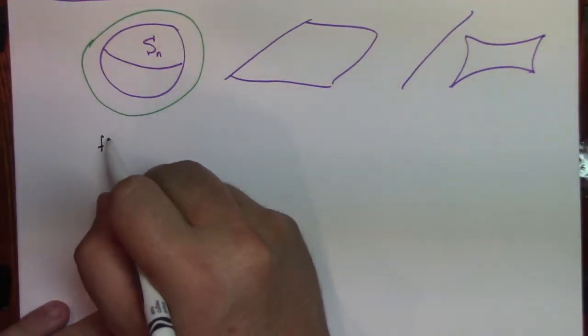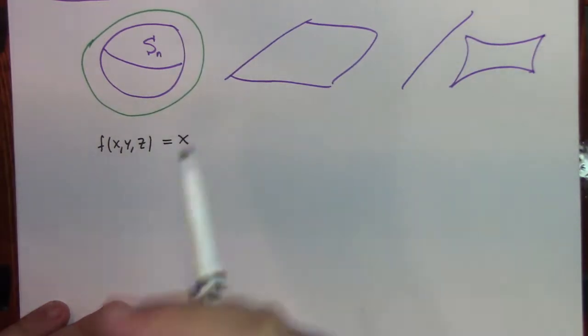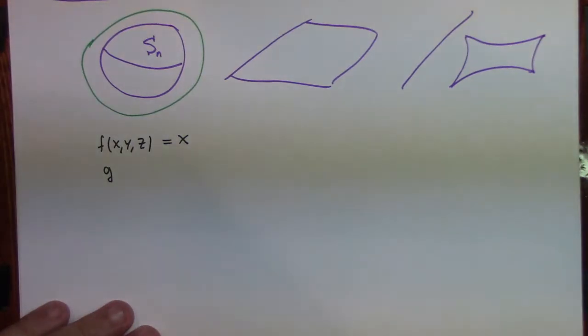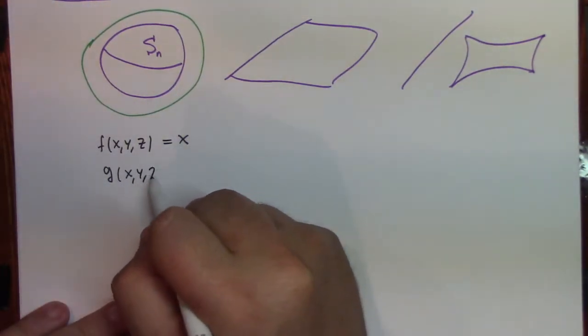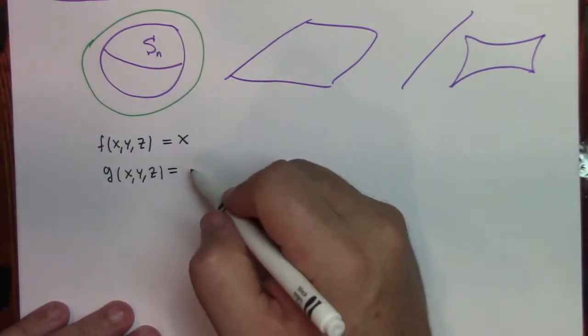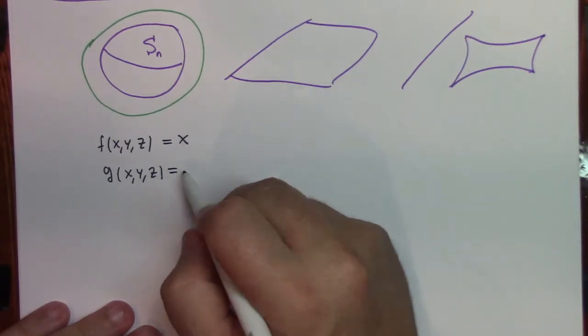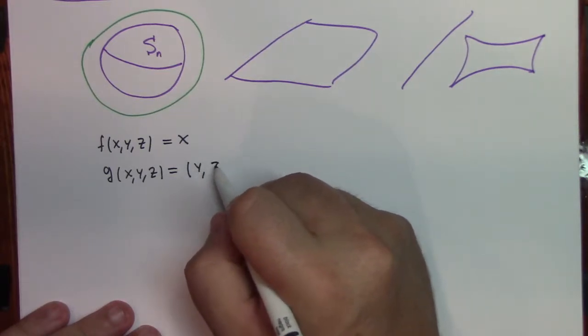Suppose we look at f of x, y, z equal to x, and let's look at the constraint. How about g of x, y, z equal to, here I'll make it a little bit complicated, let's say y and z.